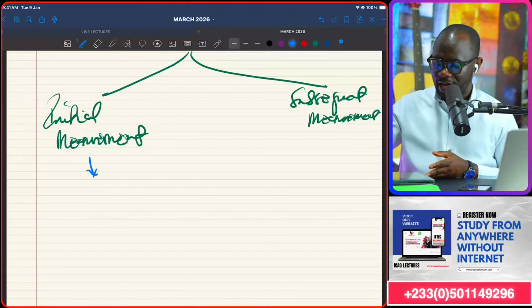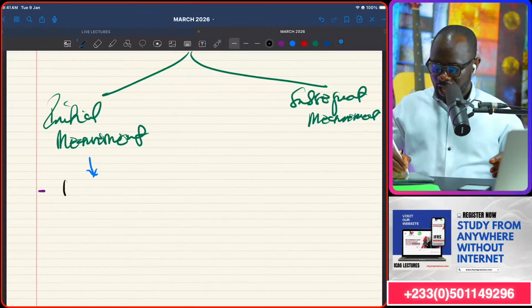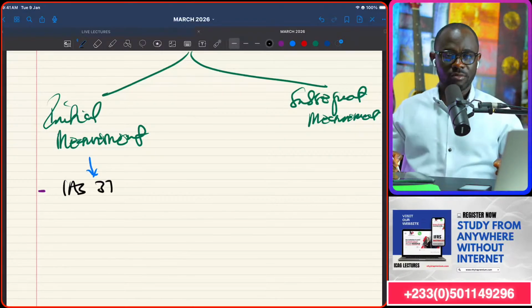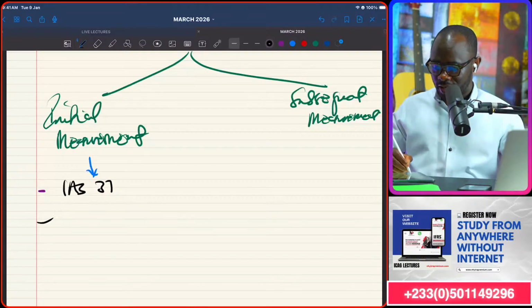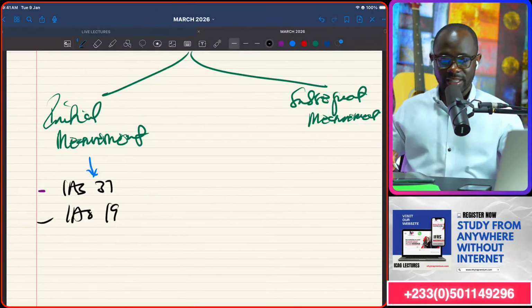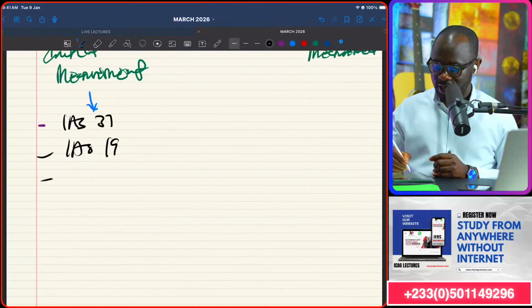What are these standards? Number one, IAS 37. Yes, provisions, contingent liabilities, contingent assets has something here. IAS 19, employee benefit. There is something here for you. You must understand.